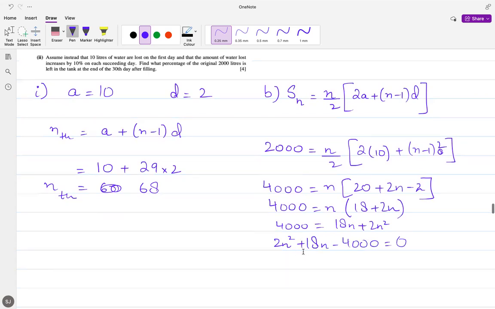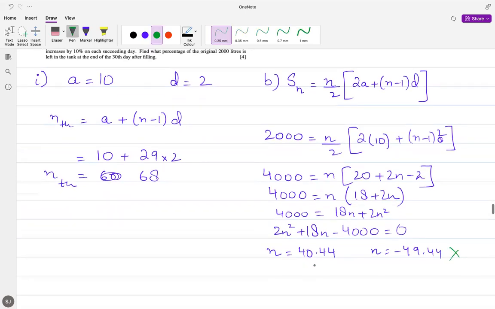Substituting this in our calculators, we'll get one of the values of n as 40.44 and the other value of n will be minus 49.44. Now, as n cannot be negative, we'll ignore this value. And as we have to give n in an integer form, either we can take the answer as 40 or 41.